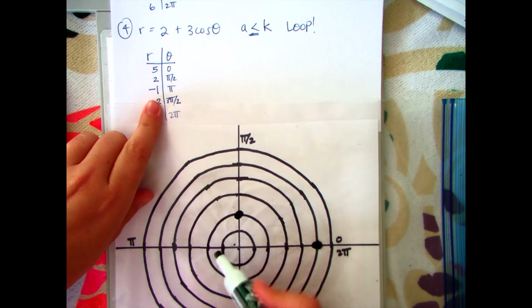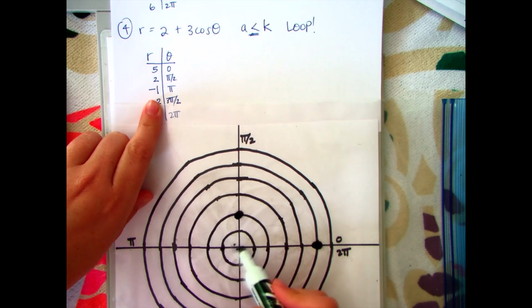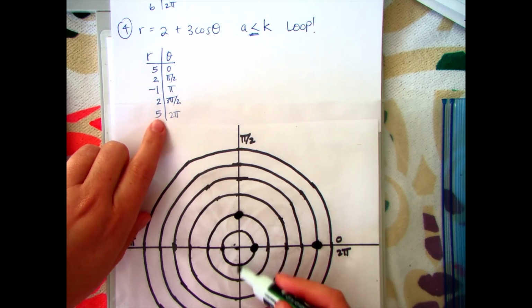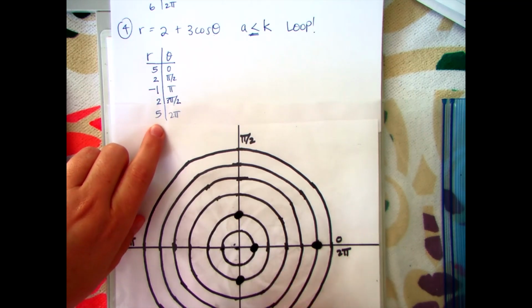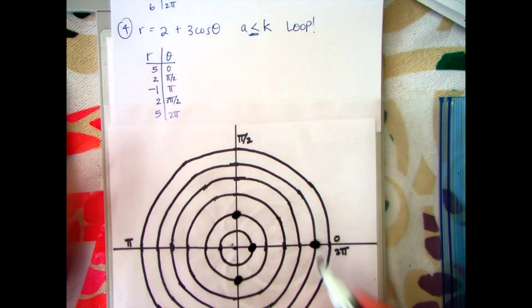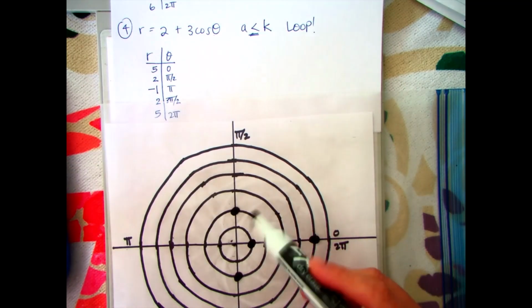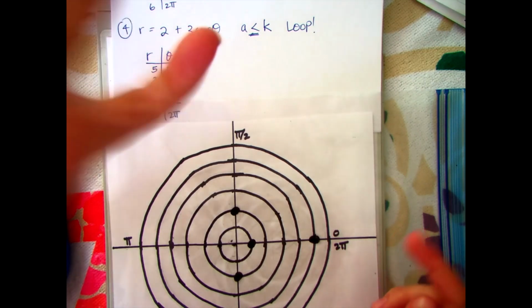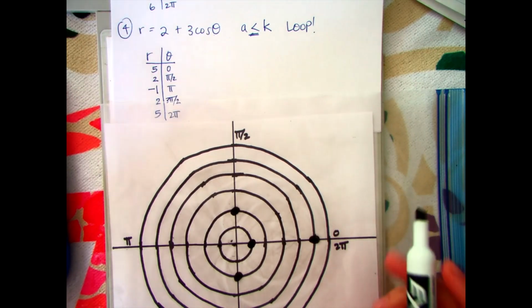Pi, instead of being at 0, pi is at -1. So we don't come out to 1, we go in the opposite direction. -1. 3 pi over 2 here. And then, of course, 2 pi is going to be back to where we started. So again, this should look like a loop. And it doesn't yet. So what are we going to do? We're going to plug in some points.